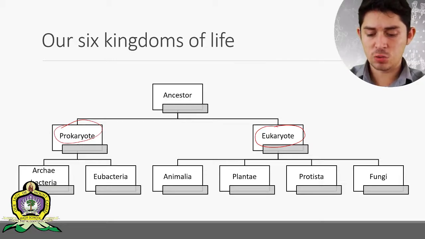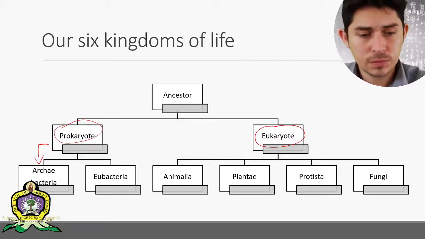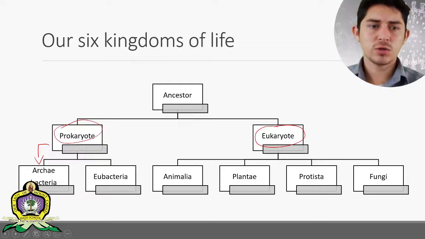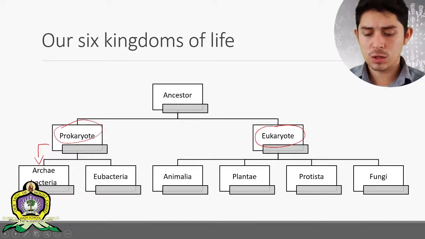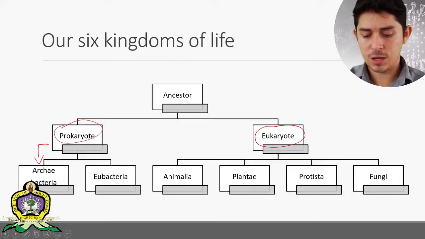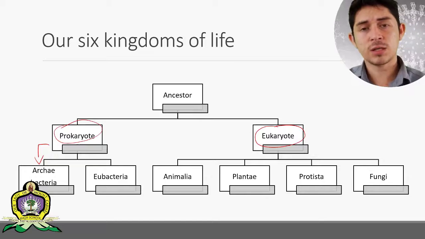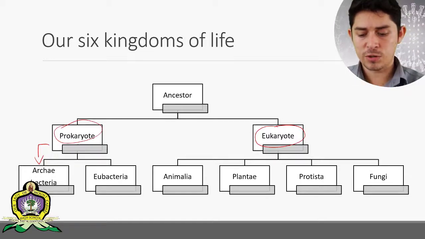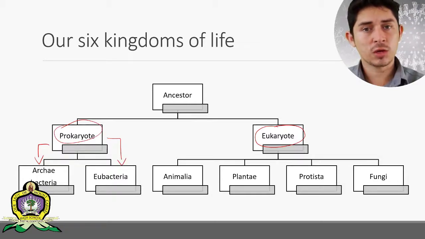For prokaryotes, which are cells without a nucleus, we have the archaebacteria, and we also have the eubacteria. And these two types of bacteria are relatively important to humans.